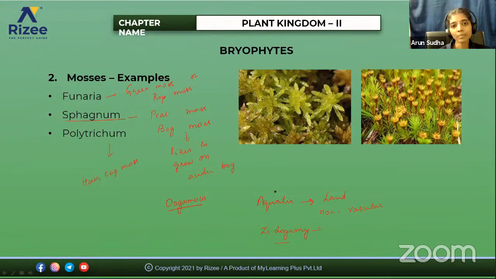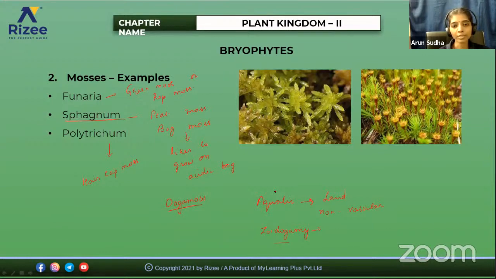Then regarding reproduction, we saw how sexual reproduction happens, and in the case of liverworts, the direct development, that is, after the formation of the spore, it forms a gametophytic plant. But in the case of mosses, there occurs an indirect development through the protonema, and then that protonema develops into buds, which develop into a new gametophytic plant.